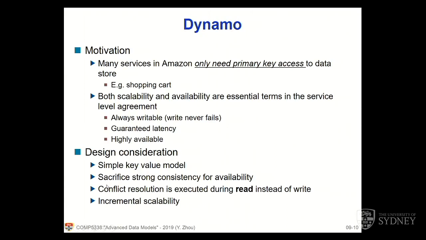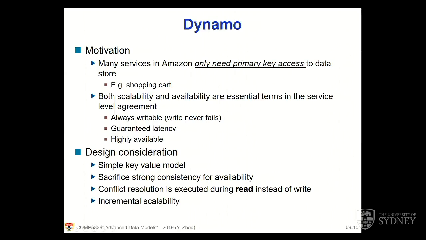And they want to sacrifice strong consistency for availability because a certain database rule suggests you can't get everything. If you want scalability, availability, and to sustain network partitions, you have to give up something. So they give up strong consistency for availability.